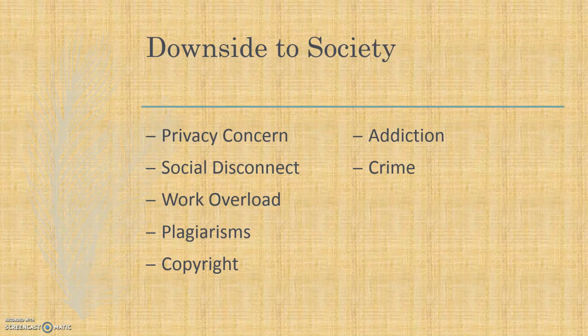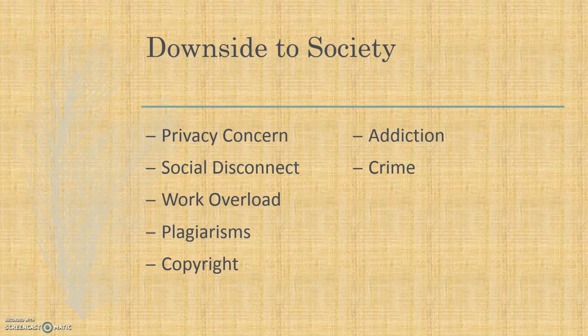Work overload. That's a big downfall, you have so much to do, but it distracts you from your work overload. Plagiarism and copyrights. The biggest thing when you're doing an online class is you got to make sure that plagiarism and copyright is not happening. Addiction.